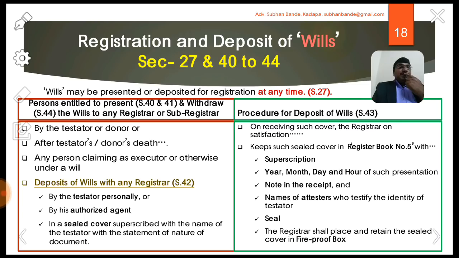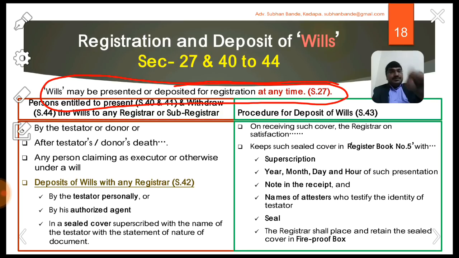Next, this part is related to registration of wills. According to section 27, wills may be presented or deposited for registration at any time.